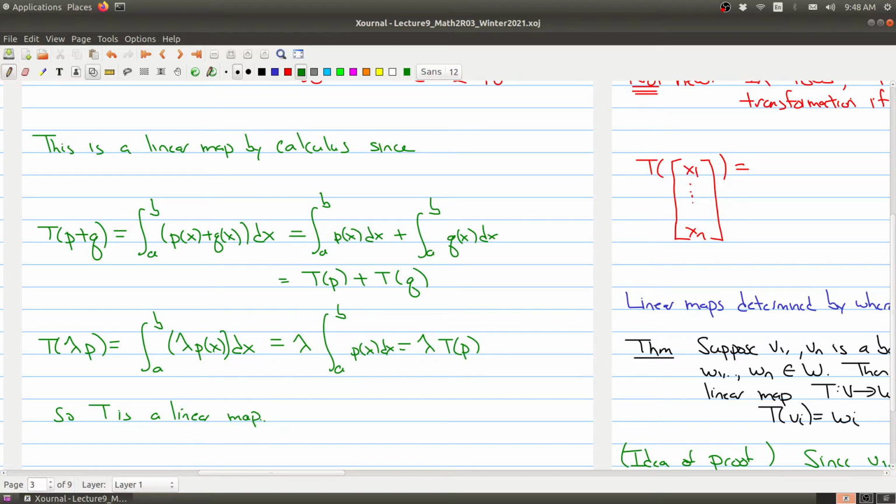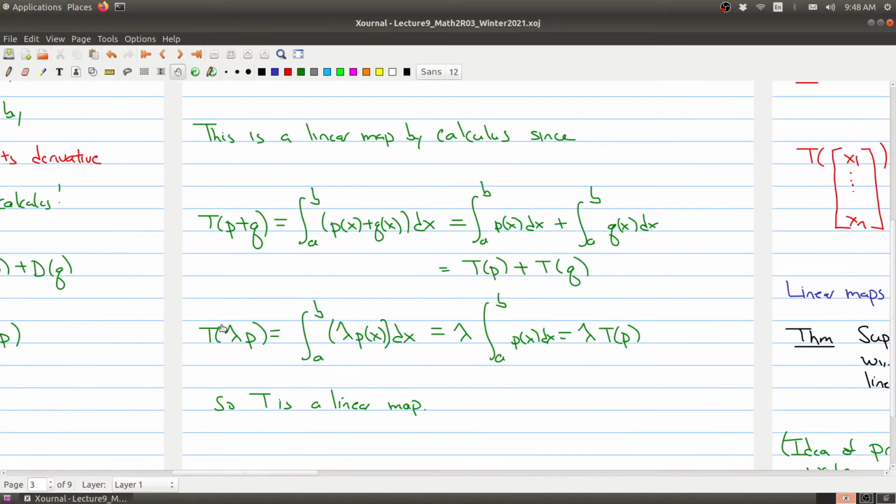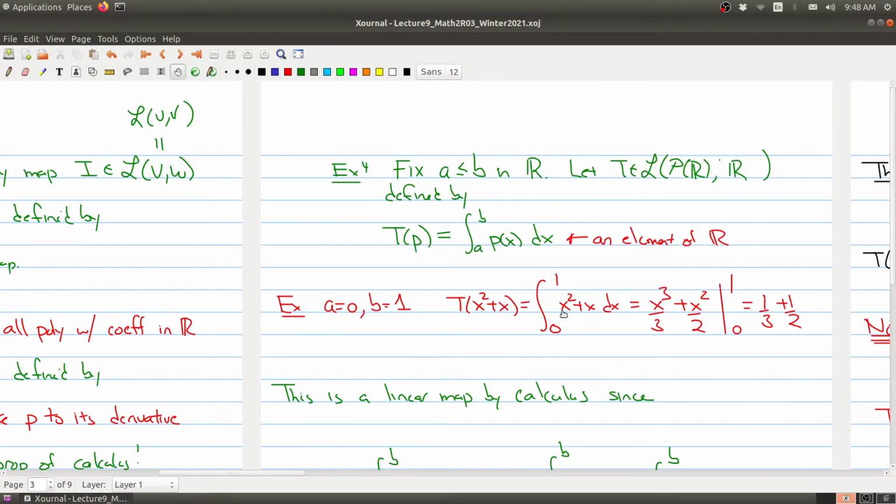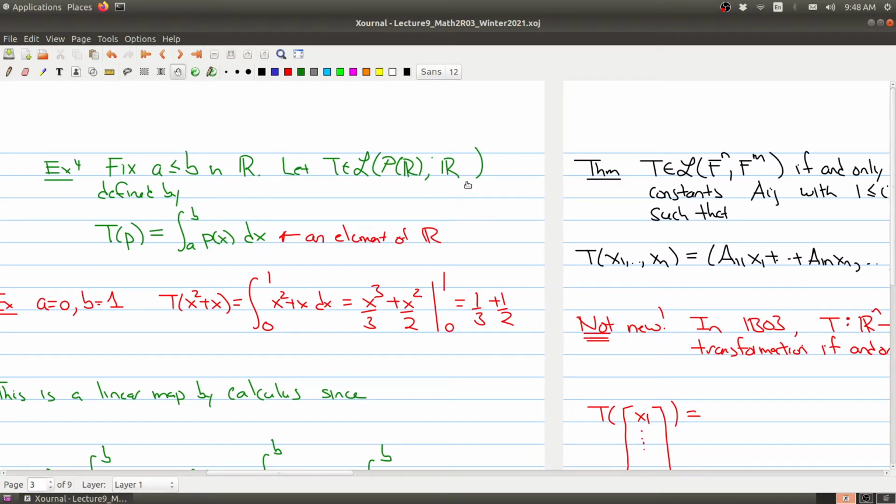These things that you were looking at in calculus, you may not have realized it at the time, but you're actually giving examples of linear maps between vector spaces. You're either giving a linear map from the set of polynomials to the set of polynomials, or from the set of polynomials to the real numbers.